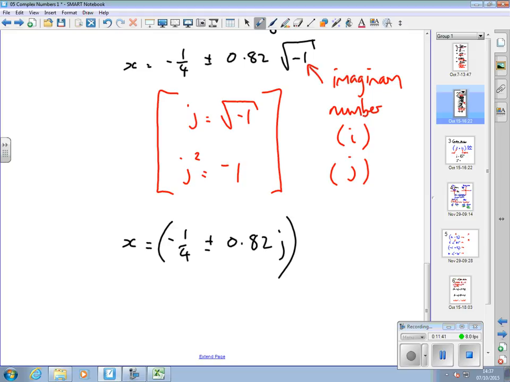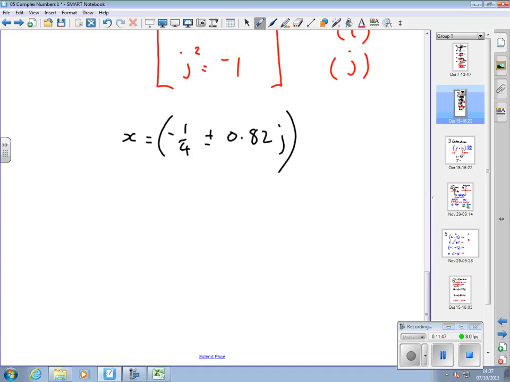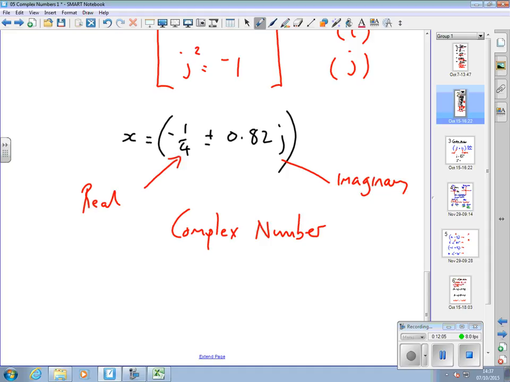Now this is where it comes in useful in engineering, because this is called a complex number. It's got a real part, in other words, that's a number, minus a quarter, and an imaginary part, because that's got this j associated with it.